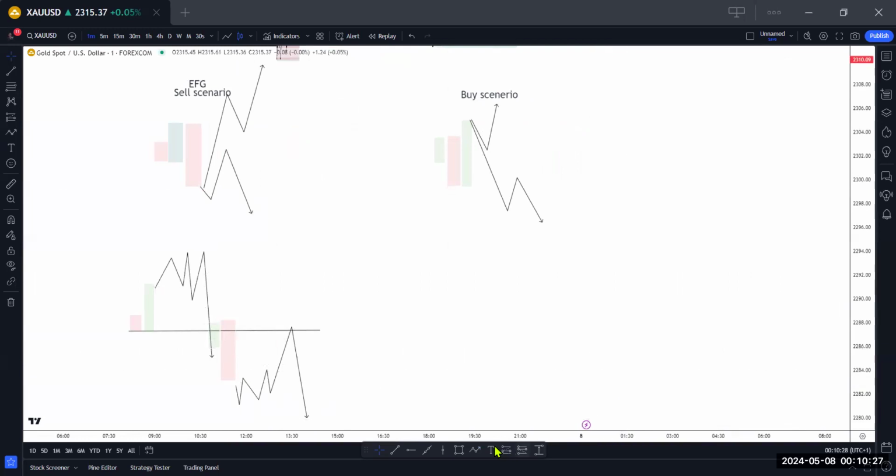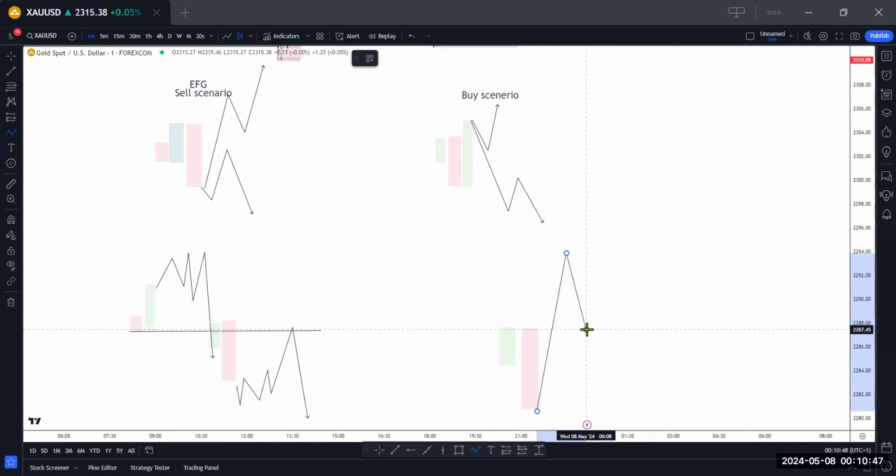For the buy scenario, you have a bearish candle. And remember, I said they are continuation setups, guys. Don't forget that, please. So you have a bearish candle, and then the engulfing fails. Price comes like this.